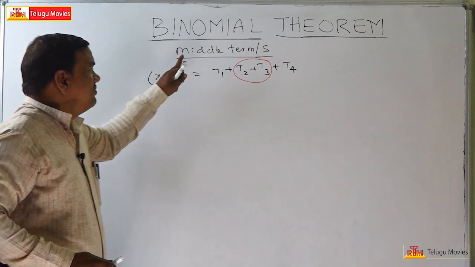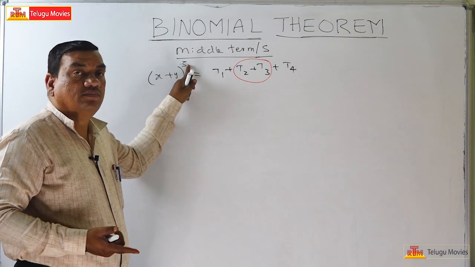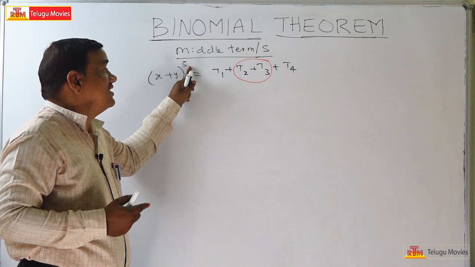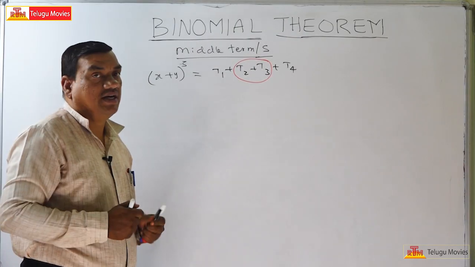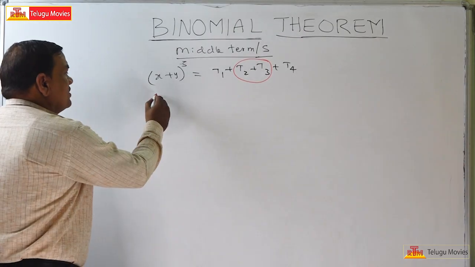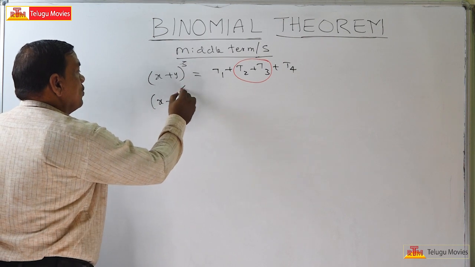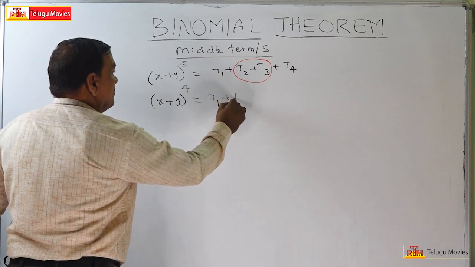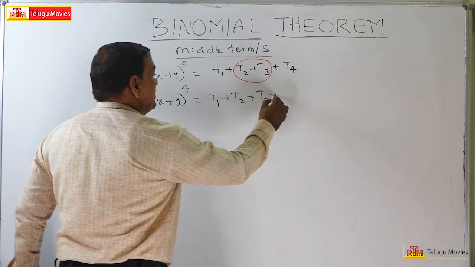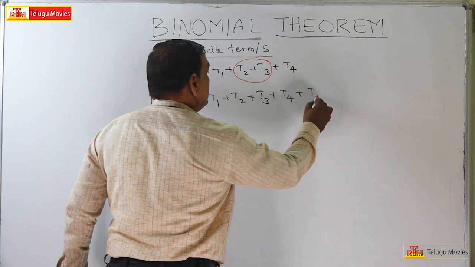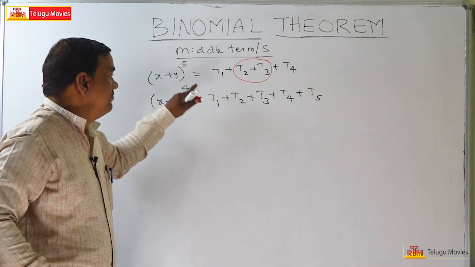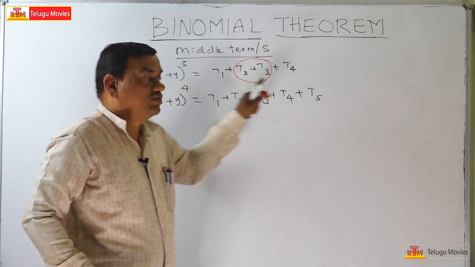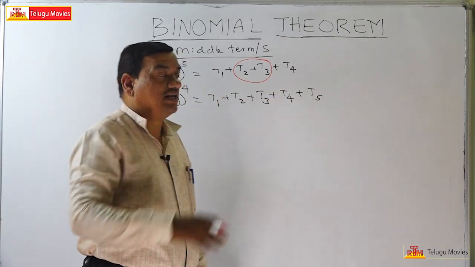That means if the power, that is the binomial index, is odd, you are getting 2 middle terms. If it is even, for example (x plus y) whole to the power of 4, let us see t1, t2, t3, t4, t5. How many terms will be there? 5 terms. If it is 4, you will get 5 terms. If it is n, you will get n plus 1 terms.